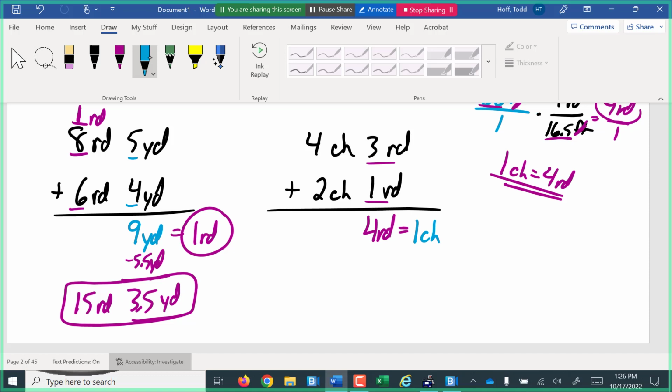It's 1 chain and there's nothing left over. So we can put 0 rods there if we like and carry our 1 chain. 1 and 4 make 5 plus 2 is 7. There you go. 7 chains. So 7 chains is our result there.